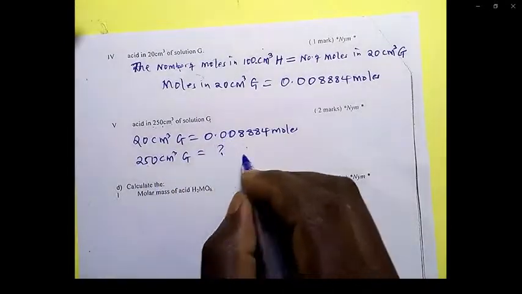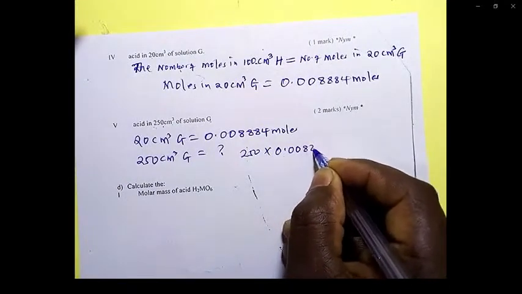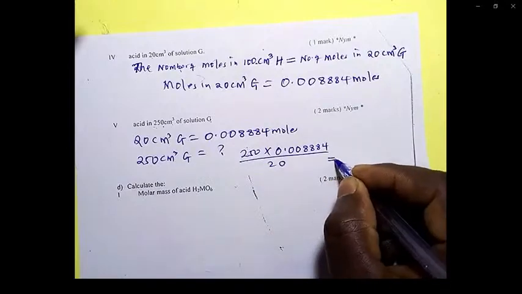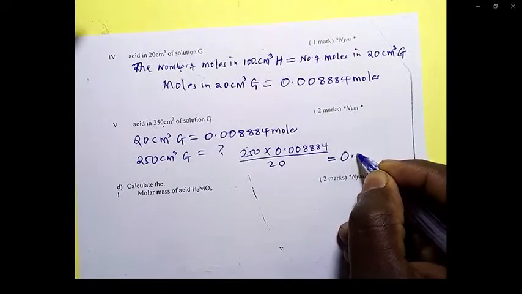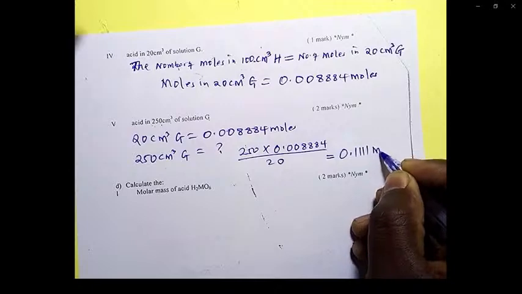So it is 250 times 0.008884 divided by 20, which will give us 0.1111 moles.